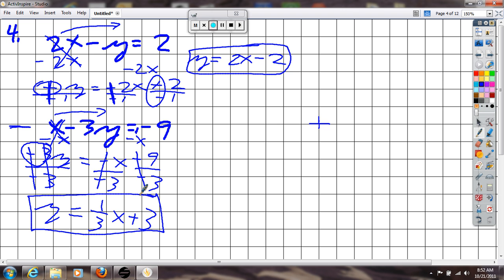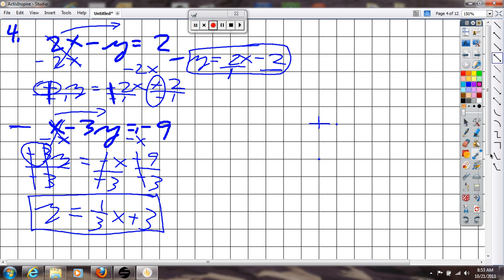Now let's graph it. Let's graph this one on top first, right here. So we're going to start with the negative 2. We're going to go down 2. Then we're going to take, this is a 2. It has to be 2 over 1. 2 over 1 is up 2 over 1. There. I need a line.